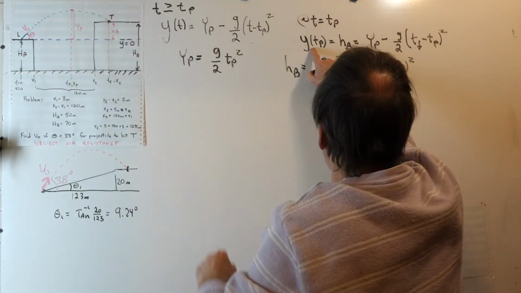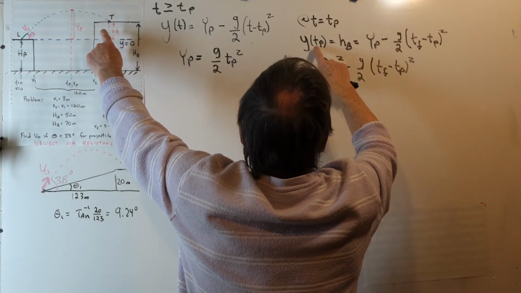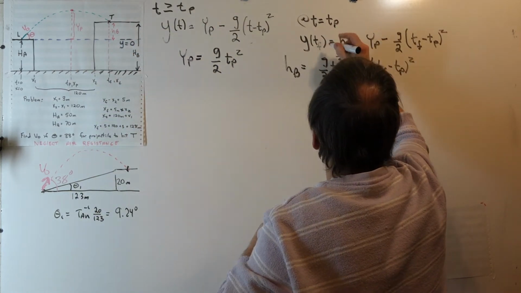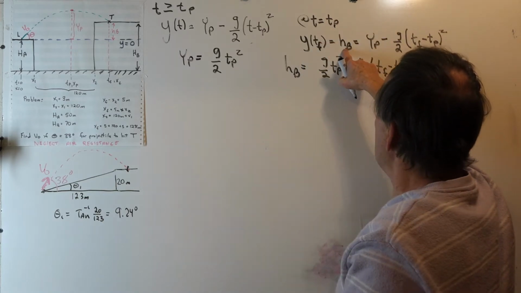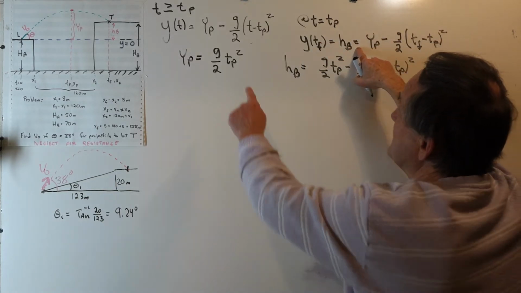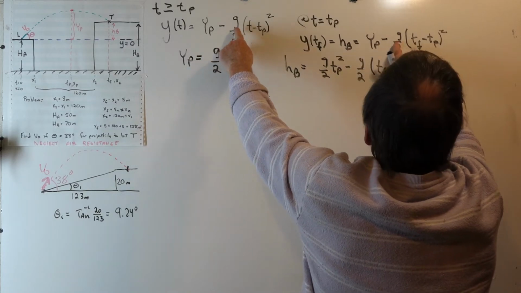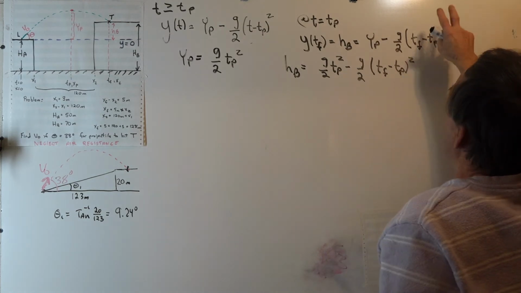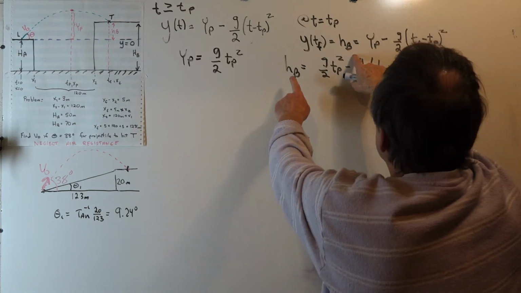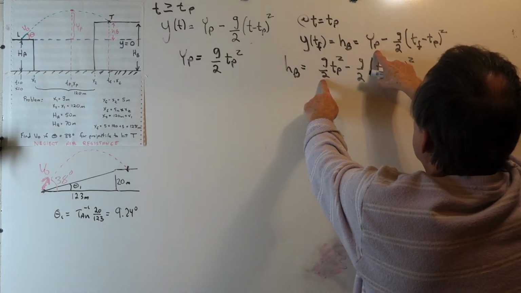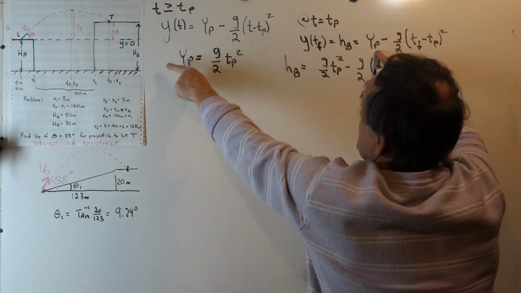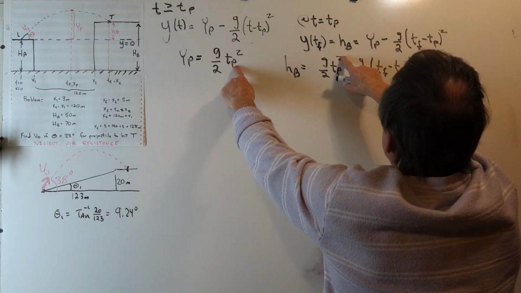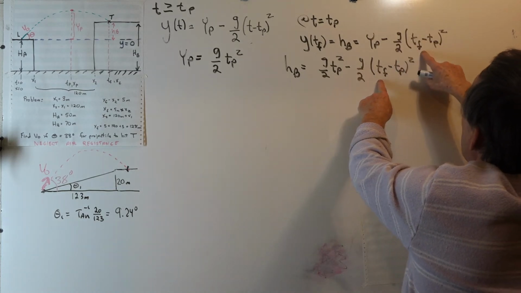So, y at the final time, t final, is h of b, and that is equal to y peak minus g over 2, the quantity t final minus t peak, squared. Well, solving, we have h of b equals, now we put in for y peak this equation here. Y peak then is g over 2 t peak squared, and then we subtract g over 2 times t final minus t peak squared.